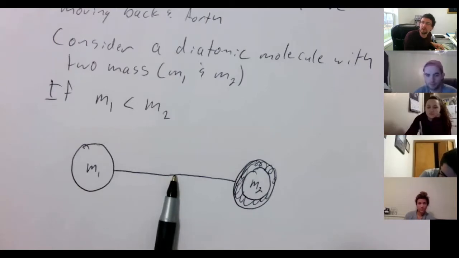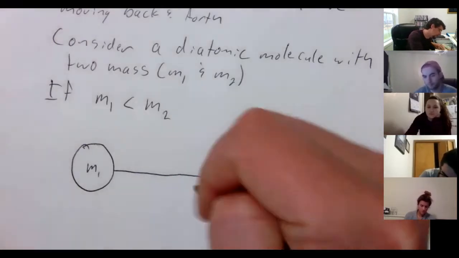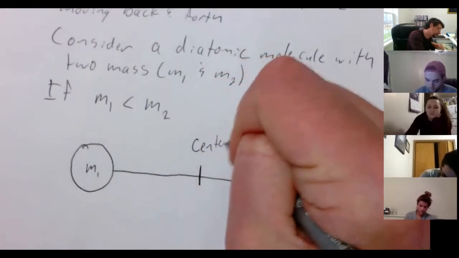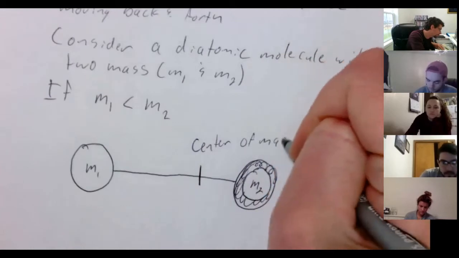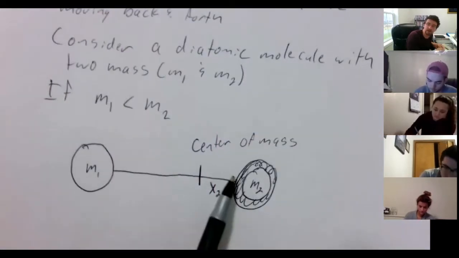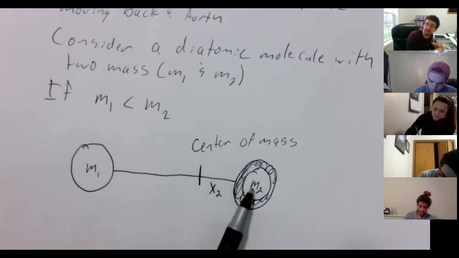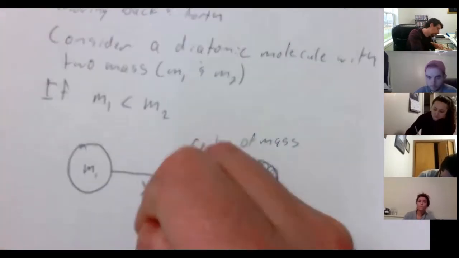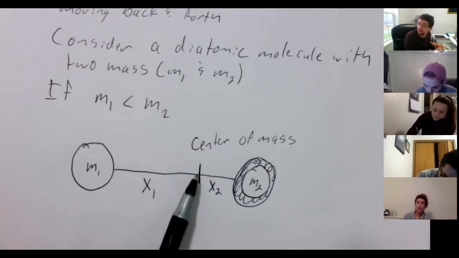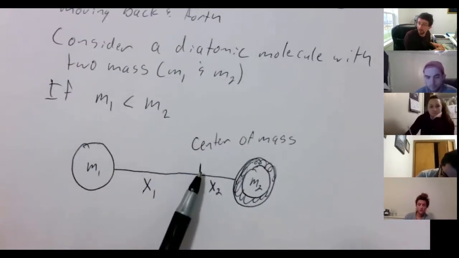More towards M2. Yeah, more towards M2. So it's going to be somewhere over here. We'll say this is our center of mass. This is x sub 2, the distance between the center of mass and M2. We have x sub 1, which is the distance between mass 1 and the center of mass. Okay, everybody with me?